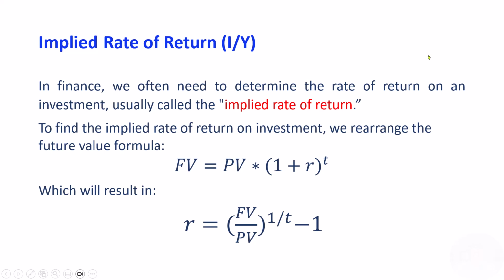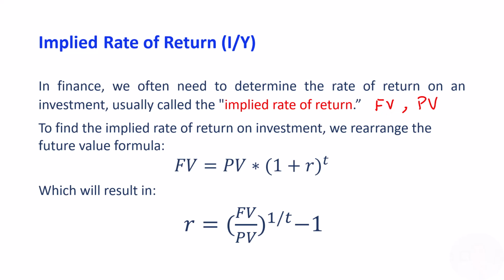So you want to know what kind of rate of return you're getting if you lend your money to your friend. So we call this implied rate of return, a rate of return that is implied by a future value and a present value, two cash flows at two different points in time.